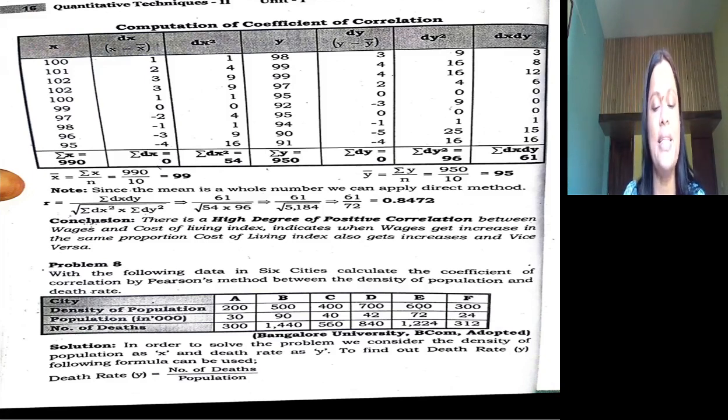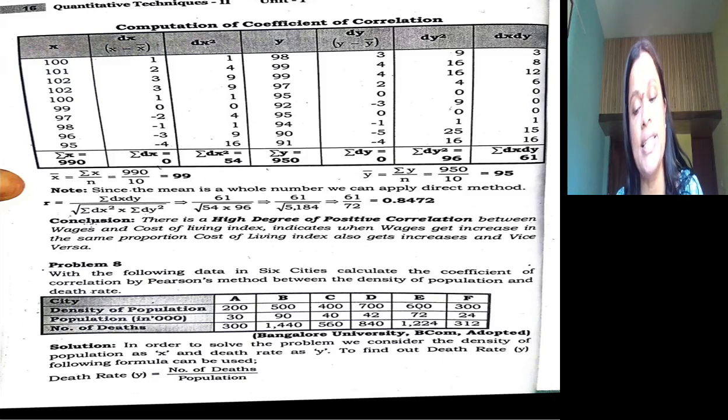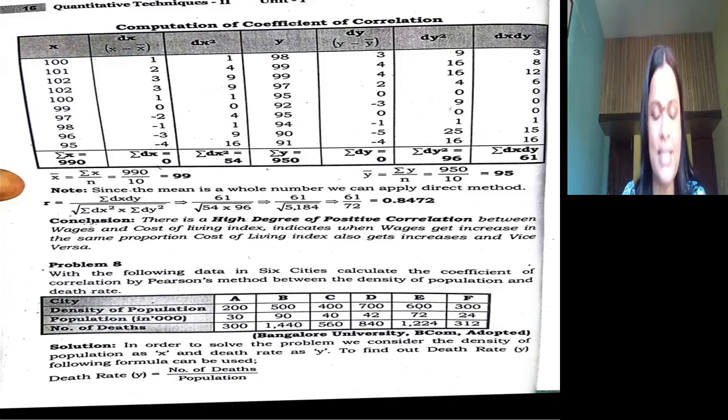So then take density of population, that is 200, 500, 400, 700, 600, 300 as x, and the calculated death rate should be taken as y. Then you consider density of population as x, death rate as y, and apply the formula.